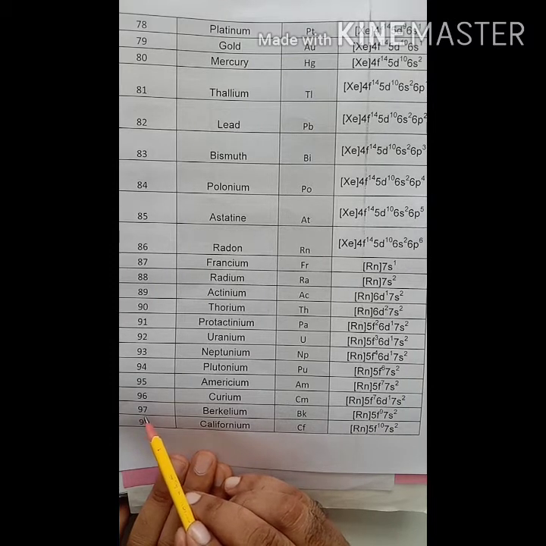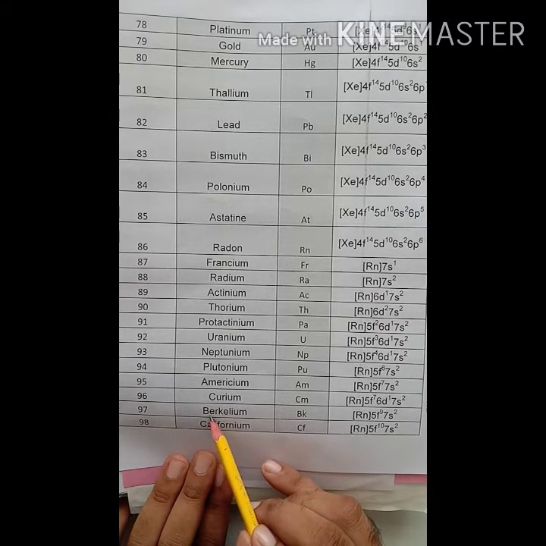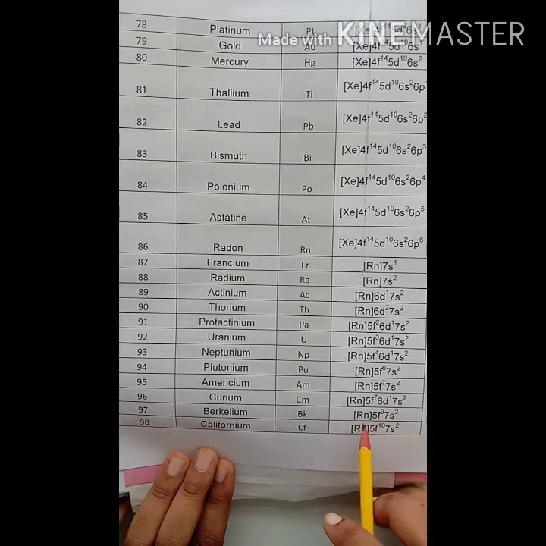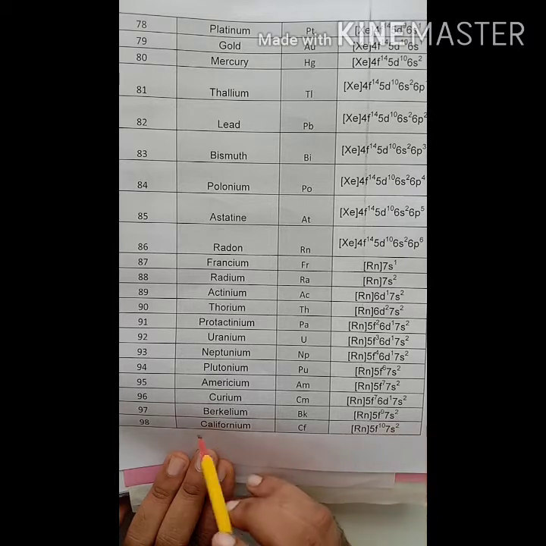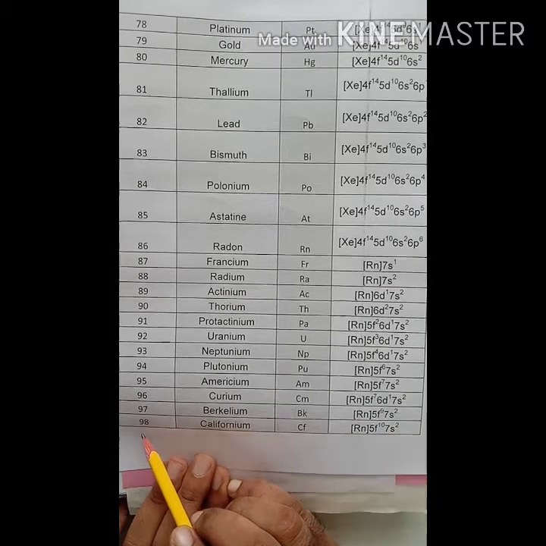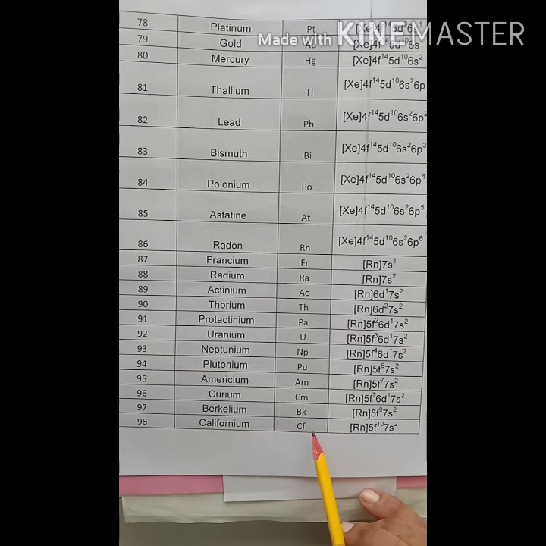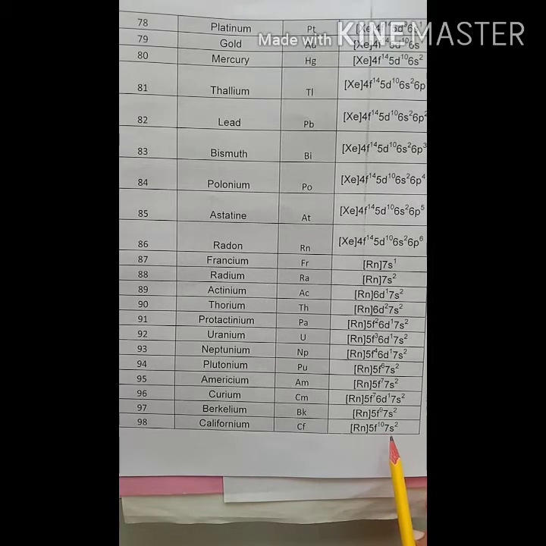The next atomic number is 97. Name of element is berkelium, symbol is Bk. Electronic configuration is Rn, 5f9, 7s2. The next atomic number is 98. Name of element is californium, symbol is Cf. Electronic configuration is Rn, 5f10, 7s2.